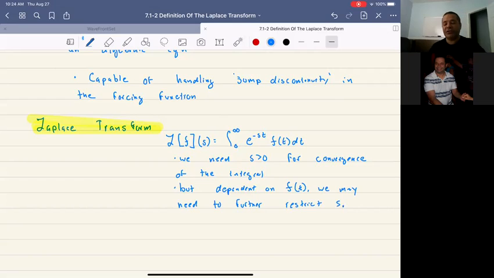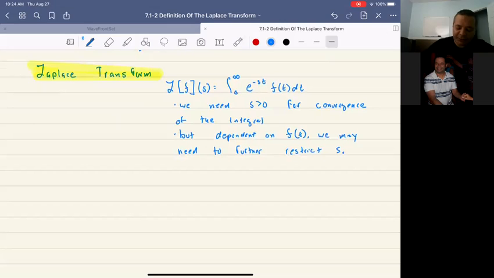Let's start with the most basic one I can do. Let's take L of 1 of s. Here our function f of t equals 1.